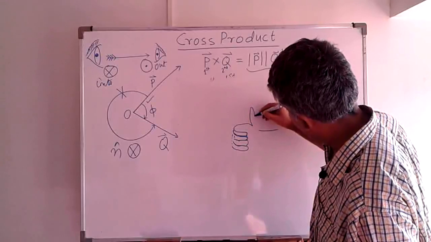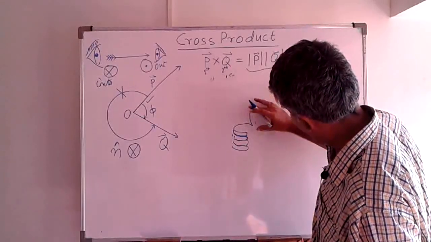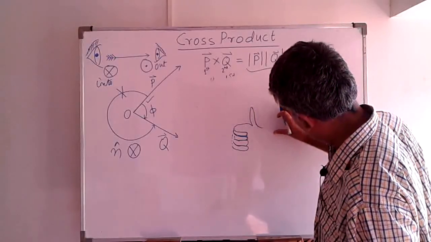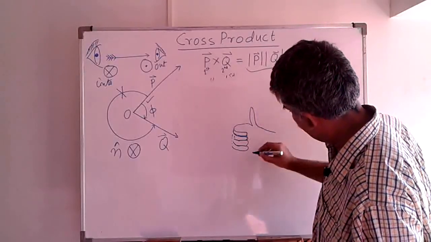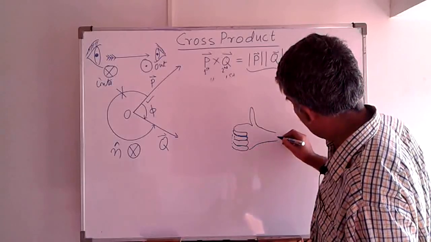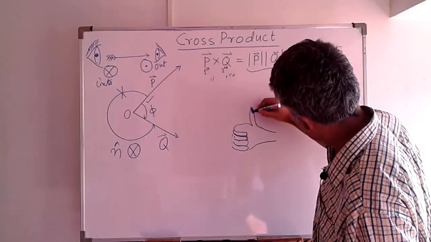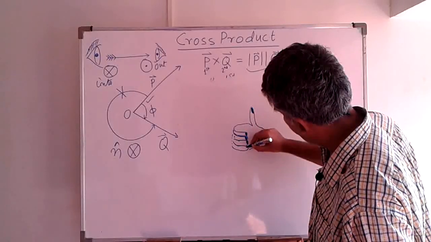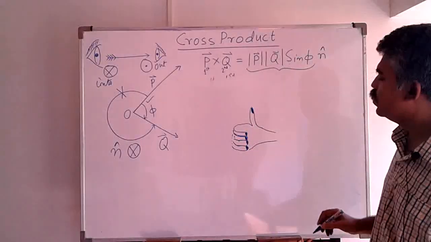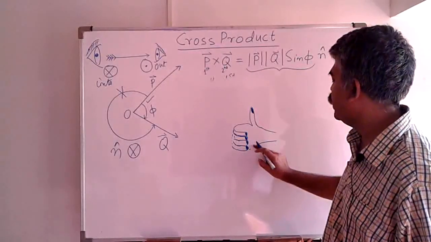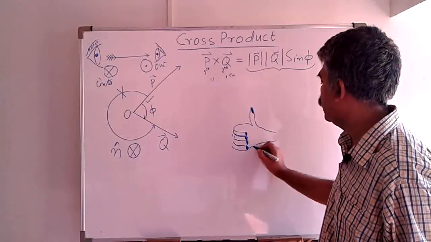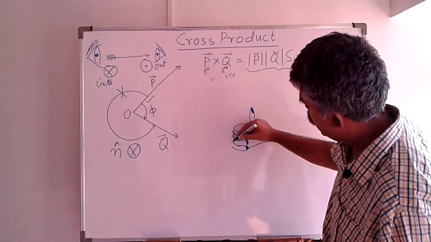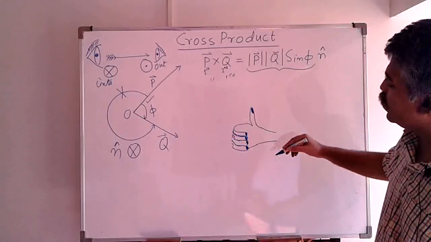And this is the thumb finger. So this is your right hand, and it is folded. These four fingers point the direction of rotation.